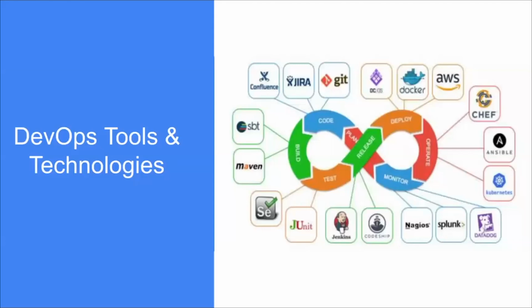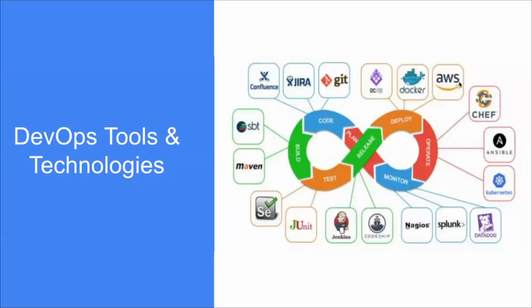Then further, if we look into the monitoring part over here, then you have Datadog, and Splunk is also there. On the operate side, you have Kubernetes, Ansible, Chef. Ansible is more of a configuration management tool, while Kubernetes is about container orchestration. We'll also be talking about these further.